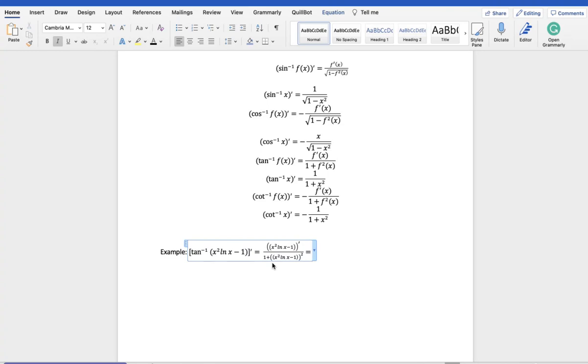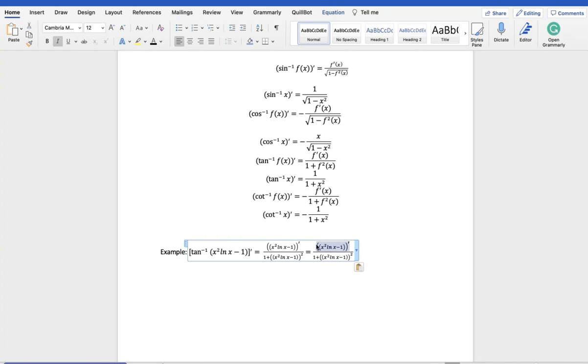And excuse me, that is just equal to, in the numerator, if you try to find the derivative of x squared ln x minus 1, then for the first part, you'll have the derivative of x squared ln x, right? And the derivative of minus 1 will just be 0, so we won't look at that.